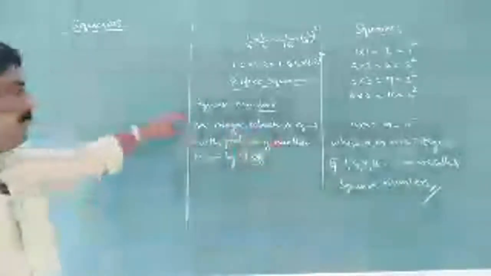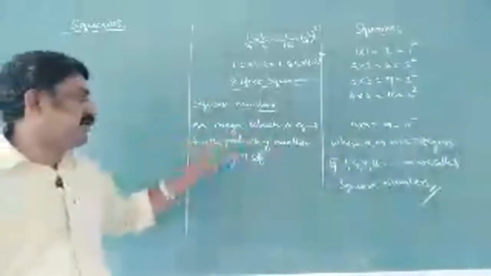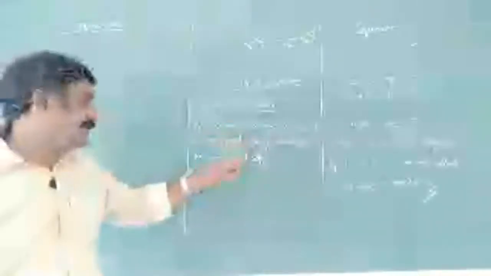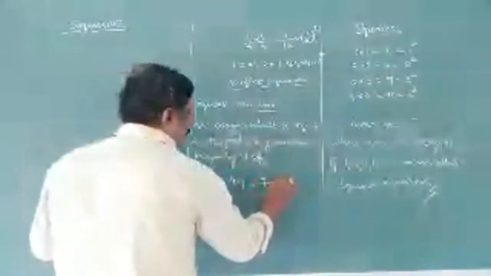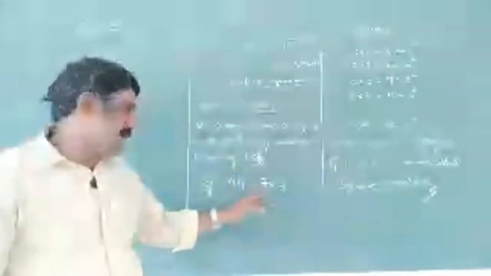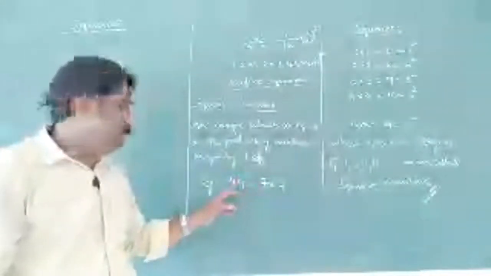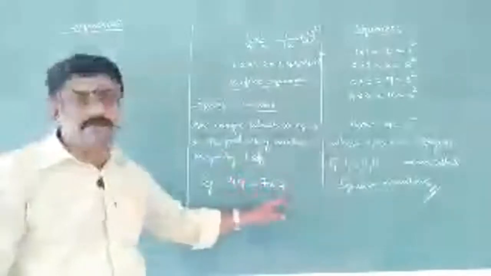So what is a square number? An integer which is equal to the product of another integer by the same integer itself. Example, so many examples we can take here. 49 is a square number. Why? Because it can be written as 7 into 7. 7 is an integer, and 49 is also an integer. So 49 can be written as 7 into 7.